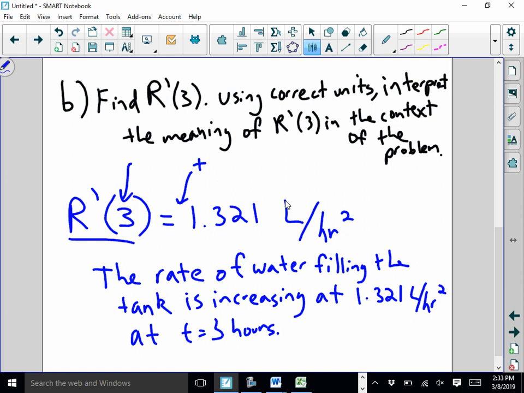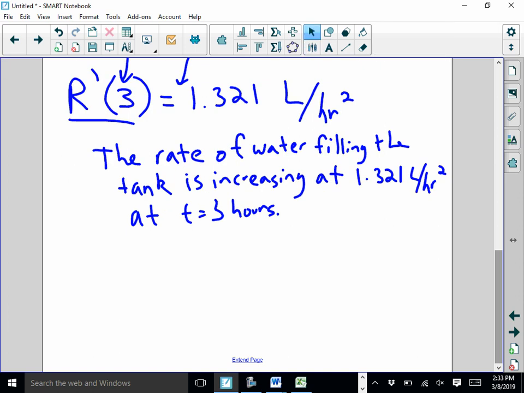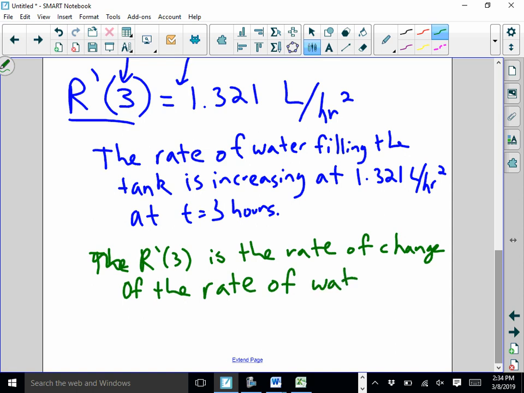The other way you could write this is you could say r prime of 3 is the rate of change of the rate of water filling the tank at t equals 3.